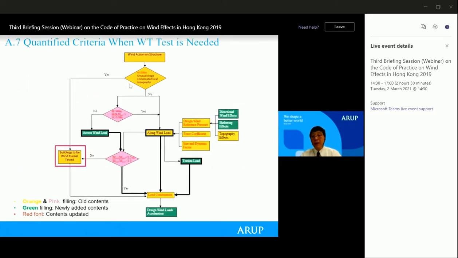Now, after you calculate that, regarding whether you still need to go for internal test, the first criterion is to check if the building is less than 200 meters. If it is yes, then you go for the codified approach. However, you still need to verify whether the wind resonance dynamic effect is significant.